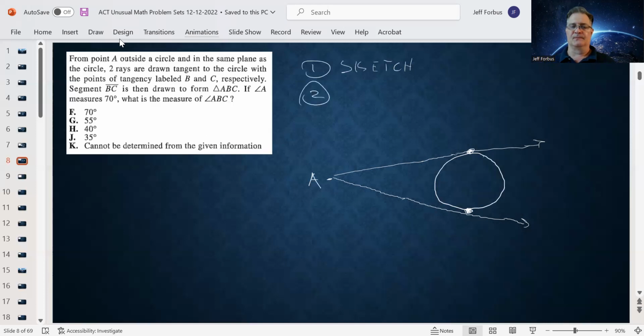Now that we've got this sketched, what do you recognize in the drawing? We know angle A is 70 degrees based on what it says in the paragraph. If angle A measures 70 degrees, what is the measure of triangle ABC?